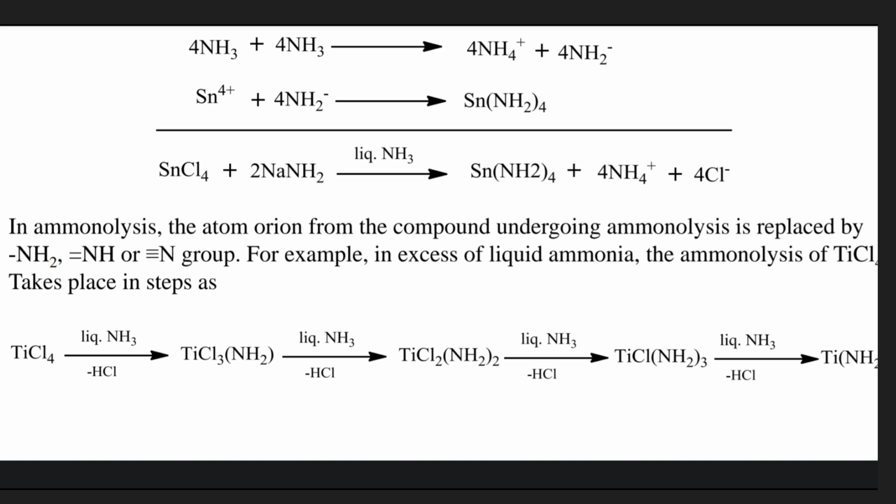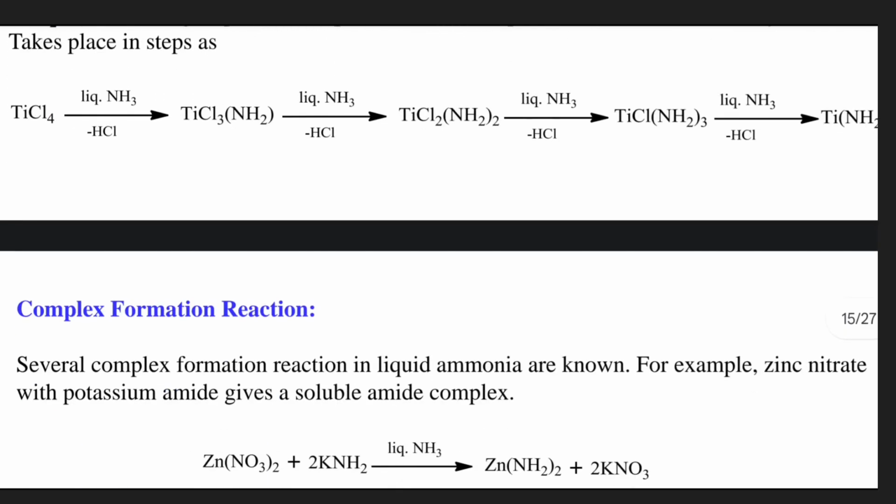Further, in liquid ammonia, it gives TiCl2(NH2)2. Further, on loss of HCl, it gives TiCl(NH2)3. And at last, we get the required product, that is Ti(NH2)4.